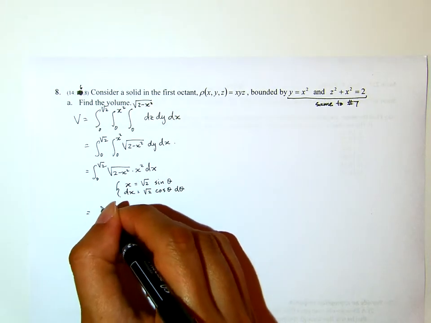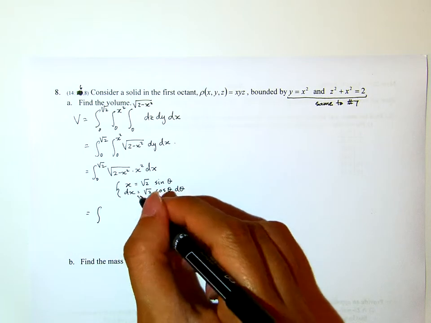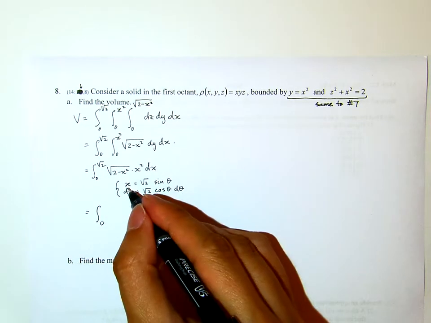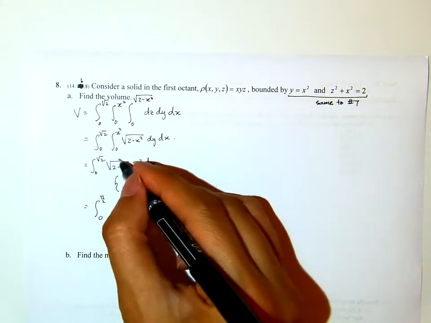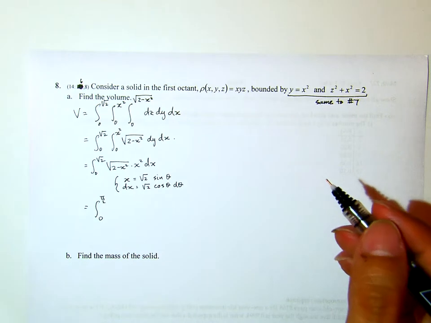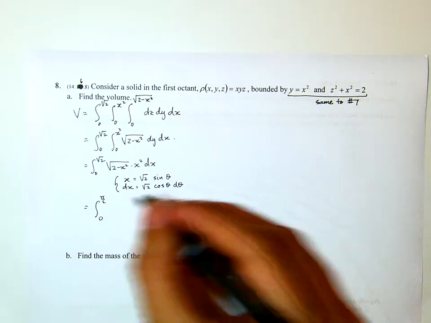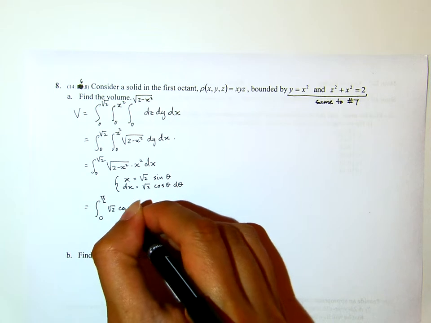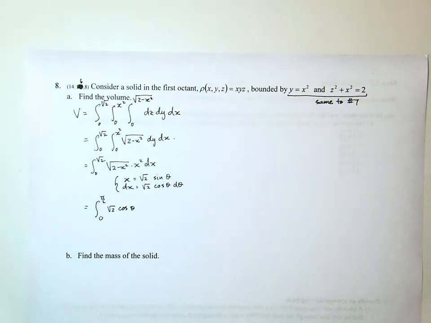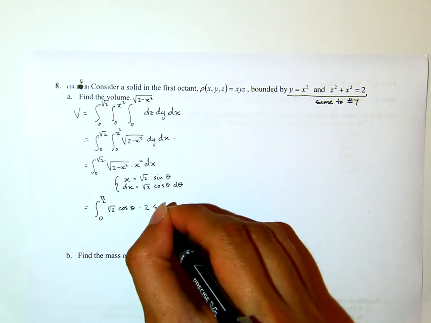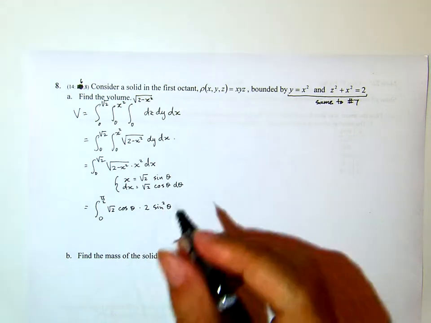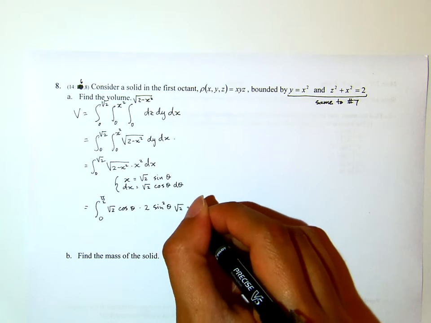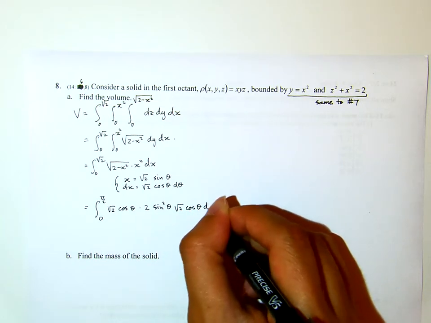And then for my integral, when x is 0, theta is 0. When x is radical 2, theta is pi over 2. Now this part here will become radical 2 cosine theta, right? And then the x squared will be 2 sine squared theta, and then the dx will be radical 2 cosine theta d theta.